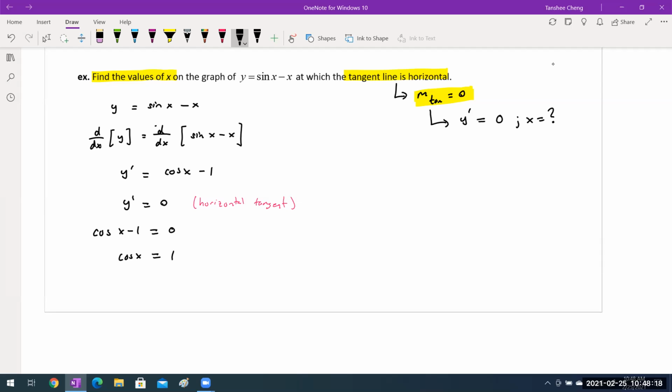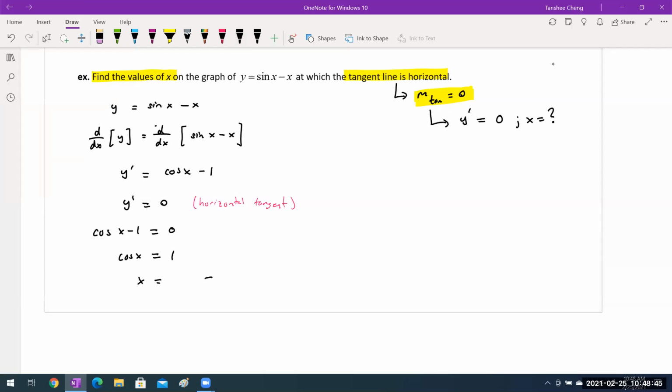And when do we get cosine equal to 1? This is a periodic function, and it doesn't give us a specific interval or period. So we're going to have to solve in general. We know that whenever the angle is equal to 0 or 2 pi, the cosine is 1.